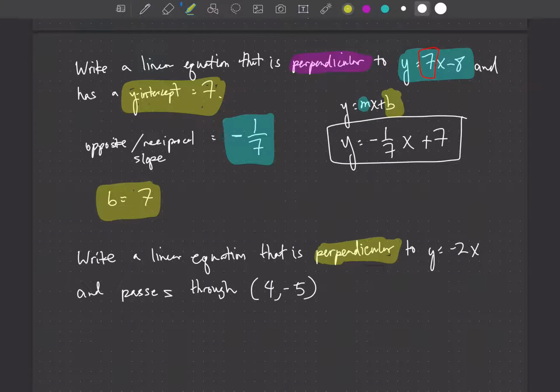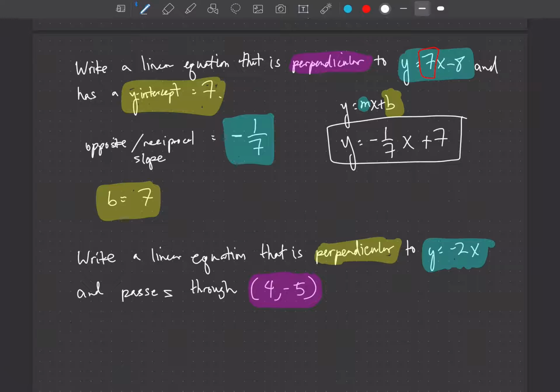I want to know my original line, which is y equals negative 2x, and I have my point that I want to pass through. Again, this point will help us find the actual y-intercept for our equation.